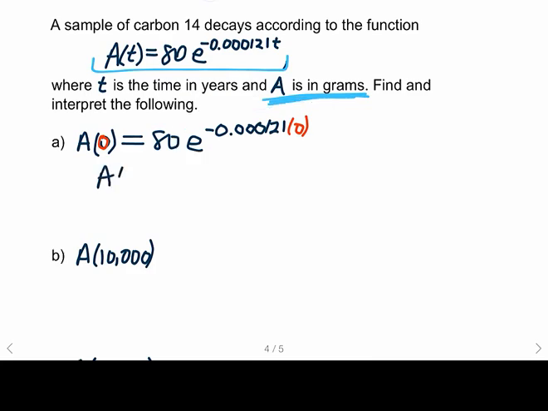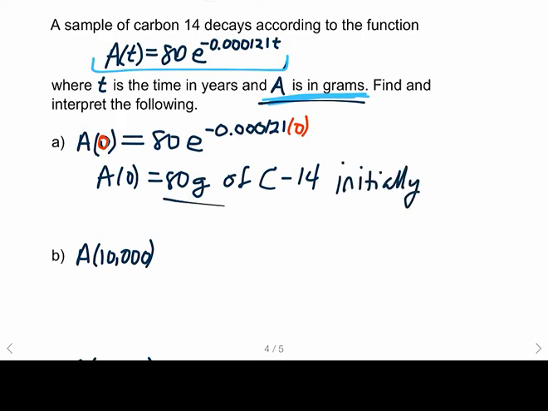And so A of 0 is equal to 80. Since I was told A is in grams, this is 80 grams of carbon-14 initially. In other words, this is how much radioactive material there was when this process started.